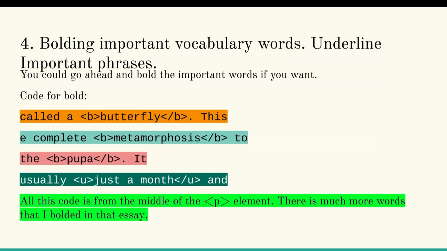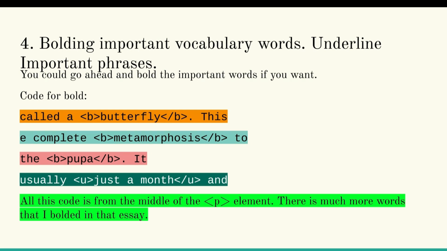So now let's bold important vocabulary words and underline important phrases. You can see the word butterfly is bolded because it's important. Metamorphosis and pupa are important too. And just the one phrase is underlined because it is important.